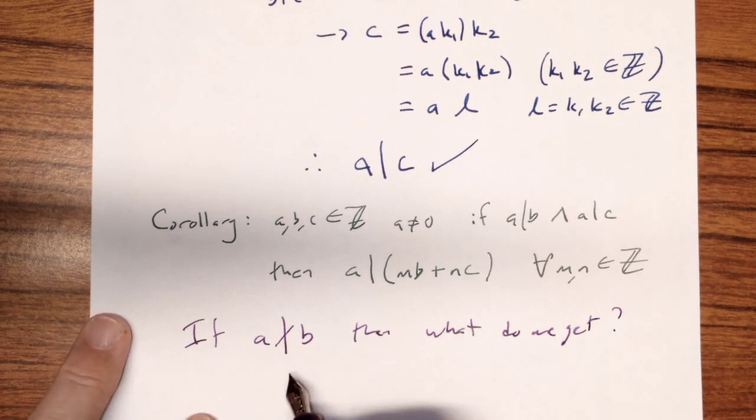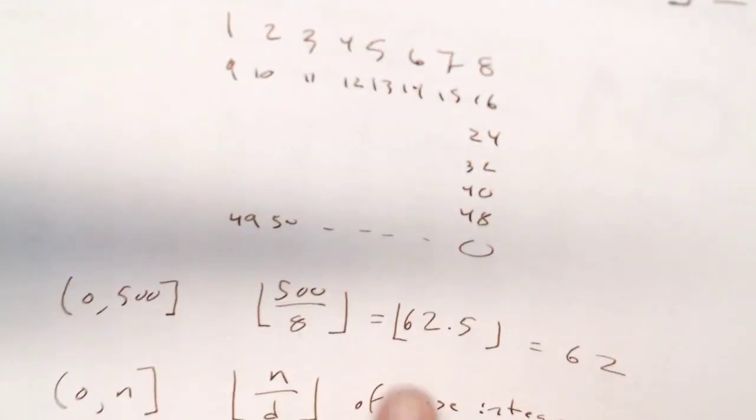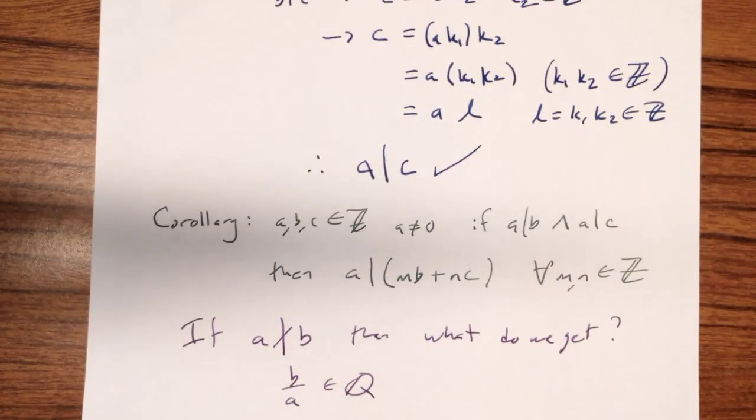Well, then if I try and divide b by a, I get a rational number instead of an integer. But I can think of that rational number, as we did here, as an integer and then other stuff.